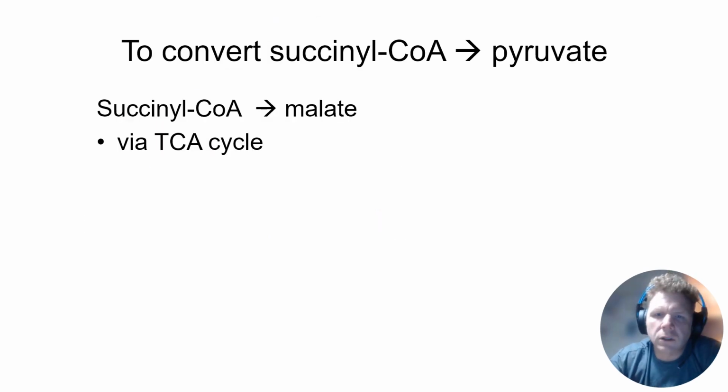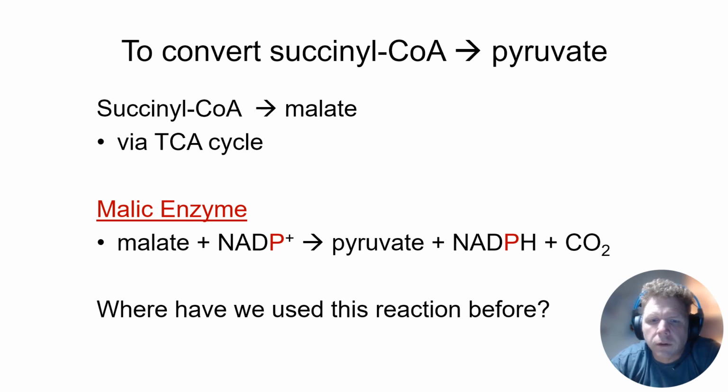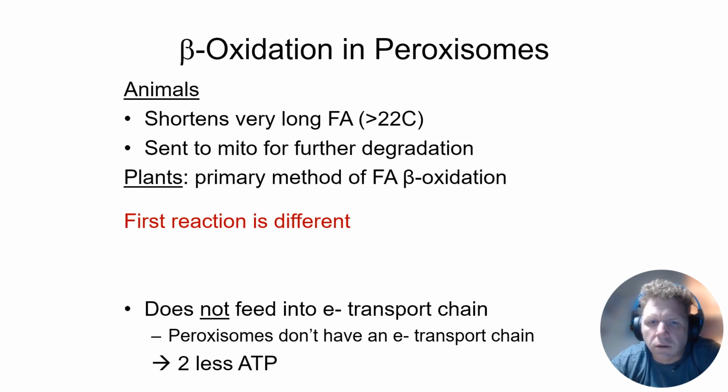Now, to convert succinyl-CoA to pyruvate, we have succinyl-CoA being converted to malate through the citric acid cycle. The malic enzyme is able to take malate and NADP plus to make pyruvate, NADPH, and CO2. So have we used this reaction before? Well, we have. We used that whenever we were talking about malate dehydrogenase.